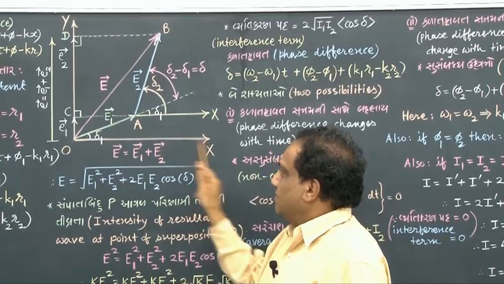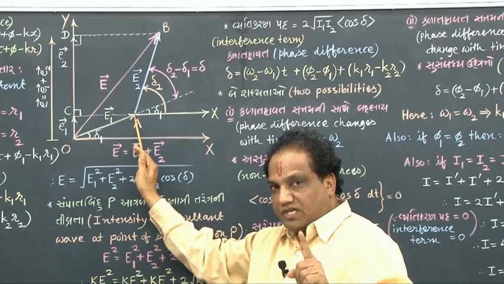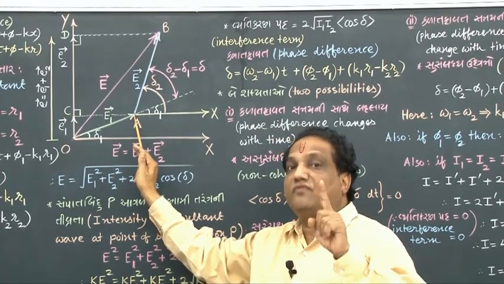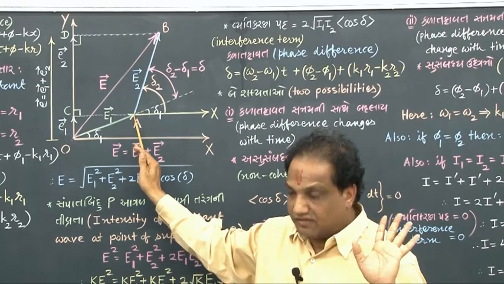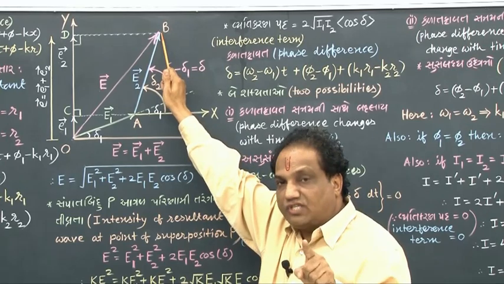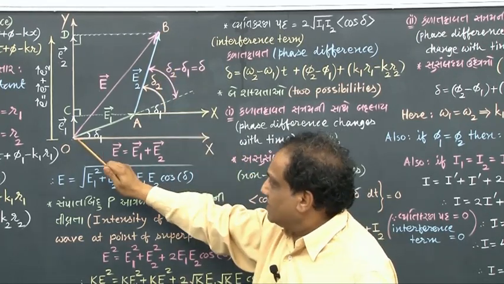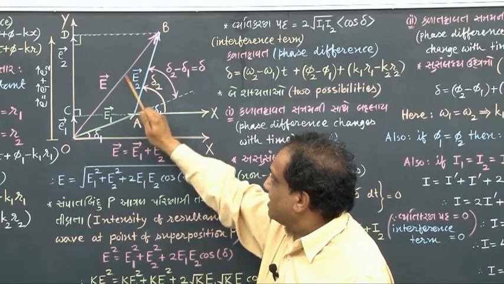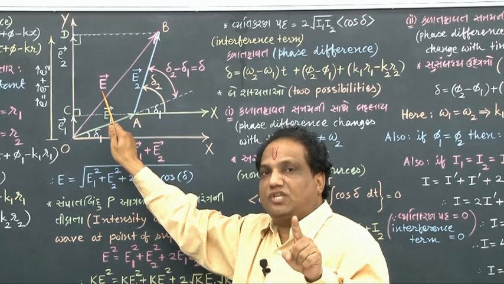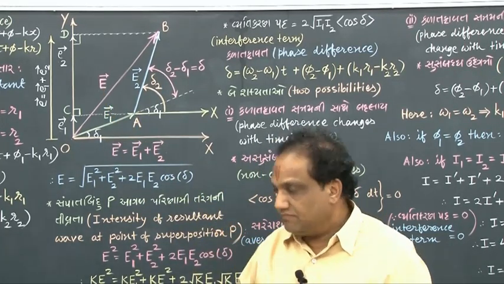In this phasor diagram, vector OA represents first phasor, which represents oscillations of first electric intensity vector. Second phasor, vector AB, represents oscillations of second electric intensity vector. And resultant phasor, that is vector OB, represents resultant oscillation of electric intensity vector. I am going to show one by one.